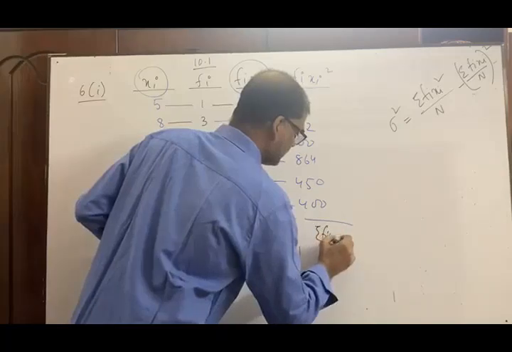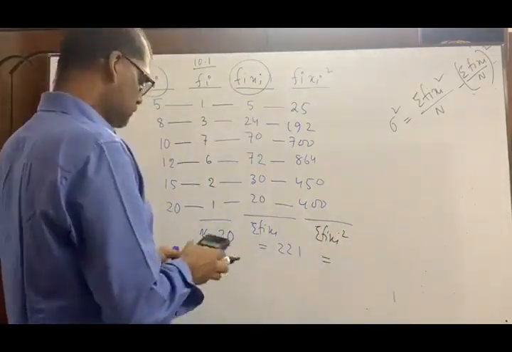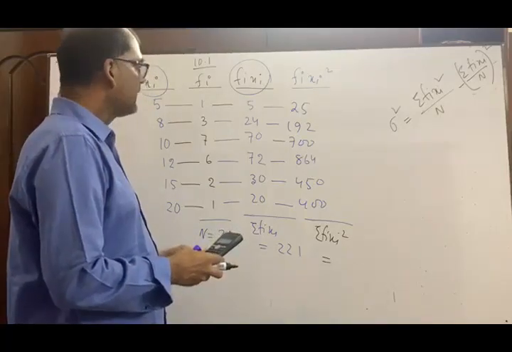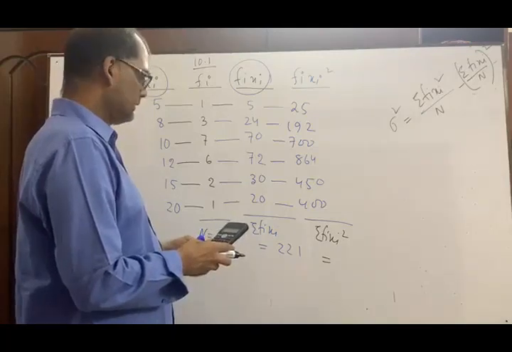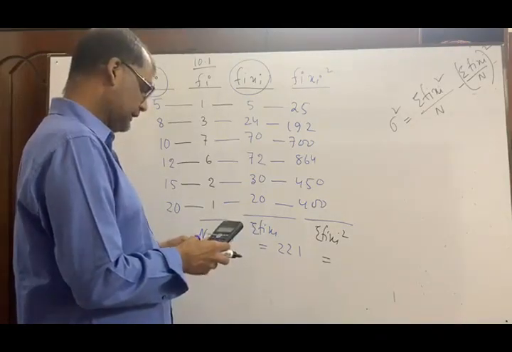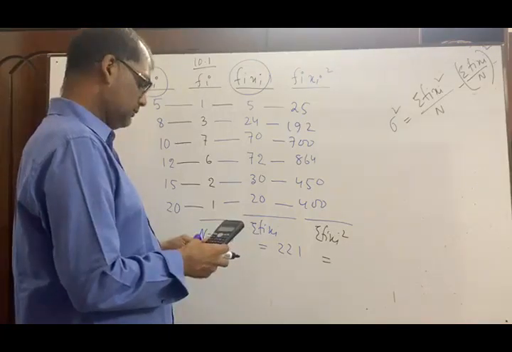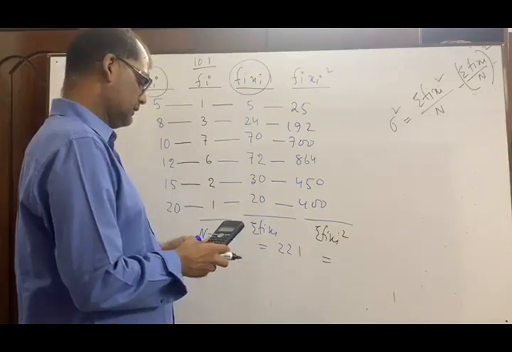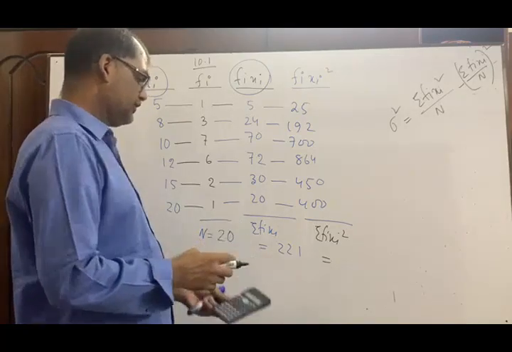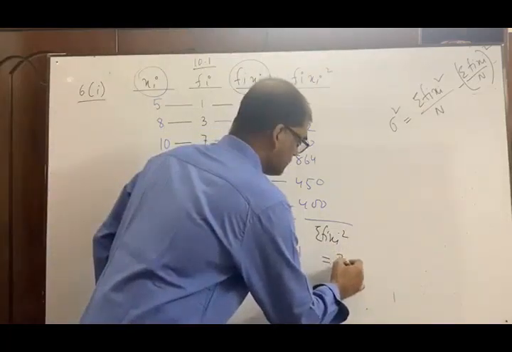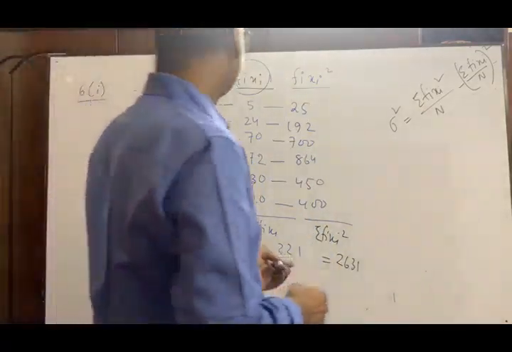Summation fi xi square is equal to what? Calculate please. 25 plus 192 plus 700 plus 864 plus 450 plus 400 equals 2631. Okay. Now you just put the value here.